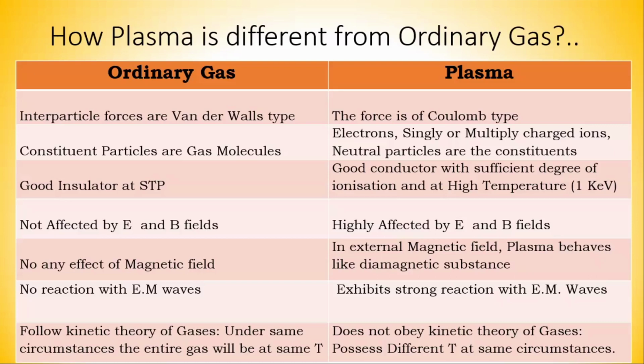Ordinary gas follows the kinetic theory of gases, right? Whereas plasma doesn't obey the kinetic theory of gases, right? So these are a few differences between the ordinary gas and the plasma gas. So what we have seen is what plasma is and the differences between the ordinary gas and the plasma gas. Fine. Any question till this point?